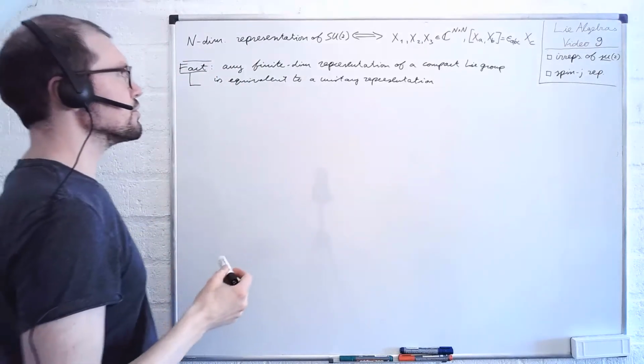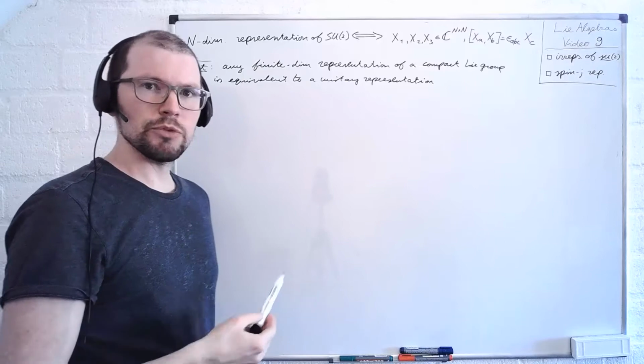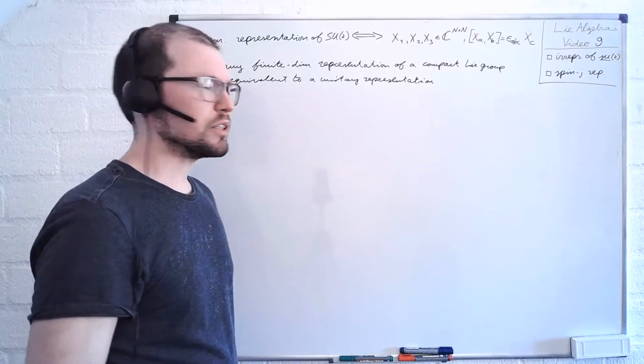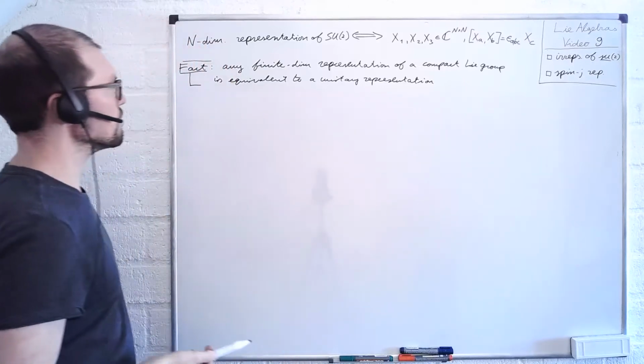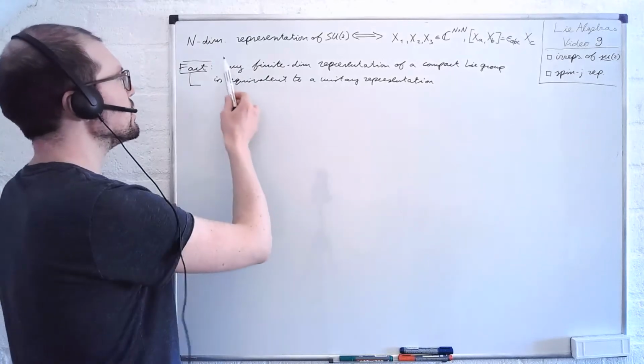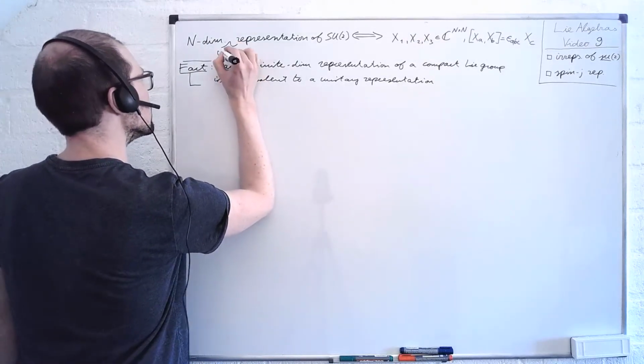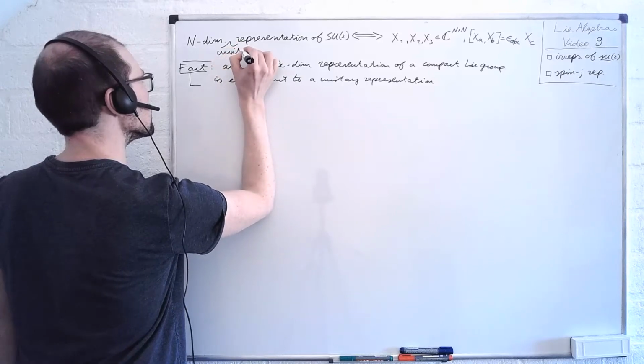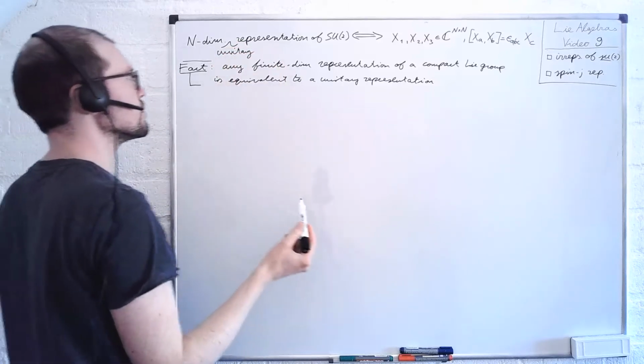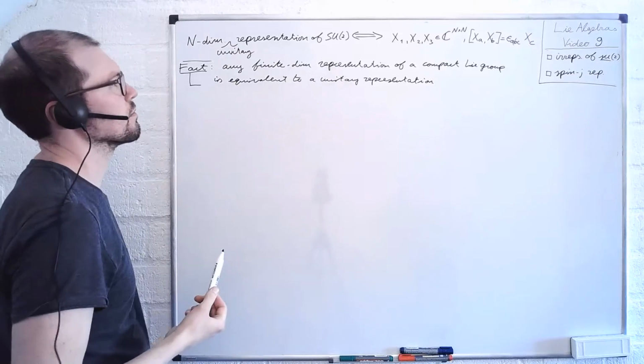So if we're only interested in finding representations up to equivalence, so up to a choice of basis, then we may as well restrict here to unitary representations. So let's look at unitary representations of the Lie group.